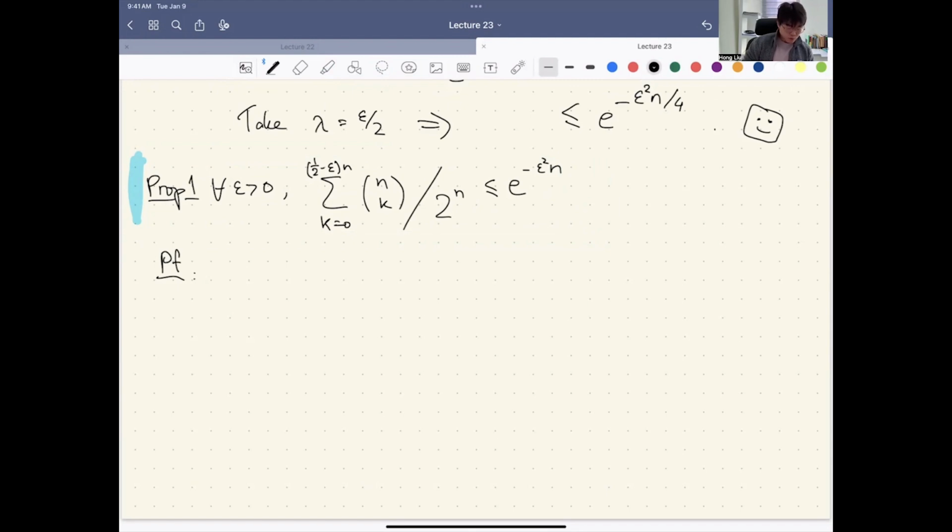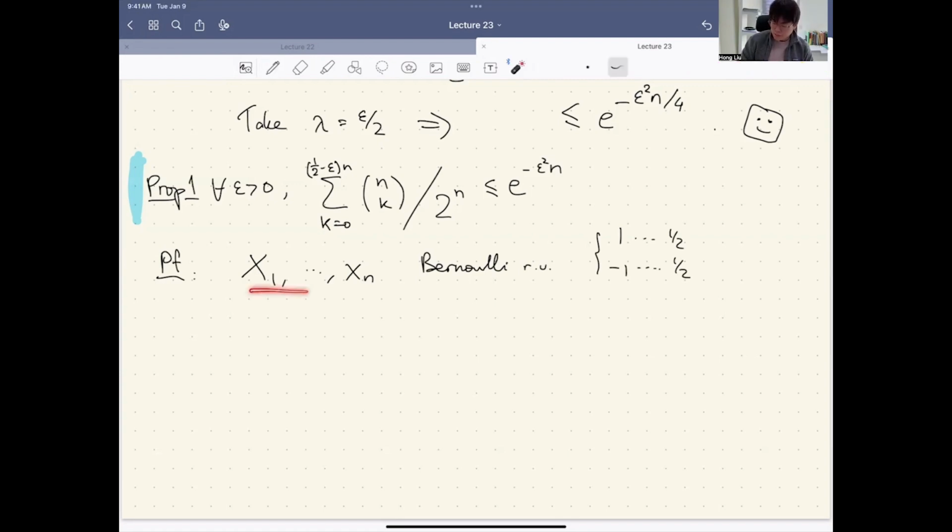So we're gonna take Bernoulli random variable x1 to xn. Bernoulli random variable. It means it takes value 1 and minus 1 with probability 1/2, equal probability. Okay. Then of course it has mean 0, each one of them, and we are taking independent.